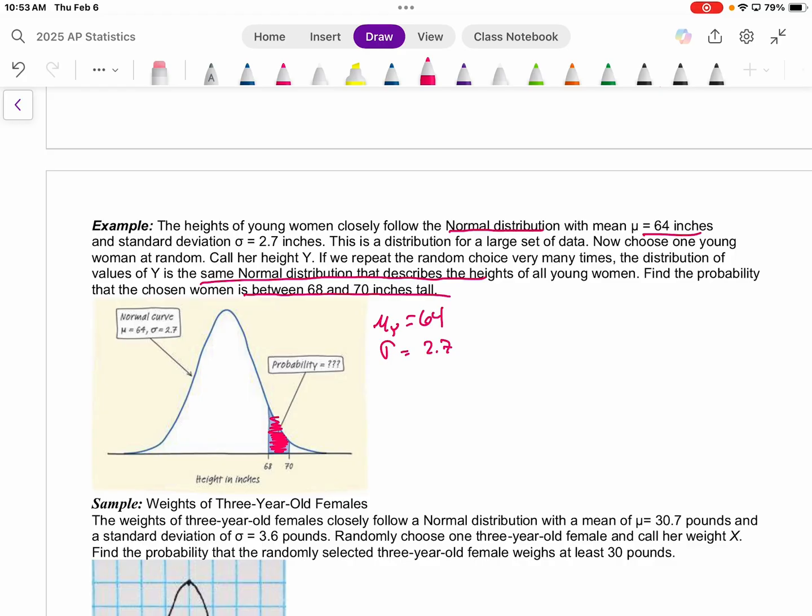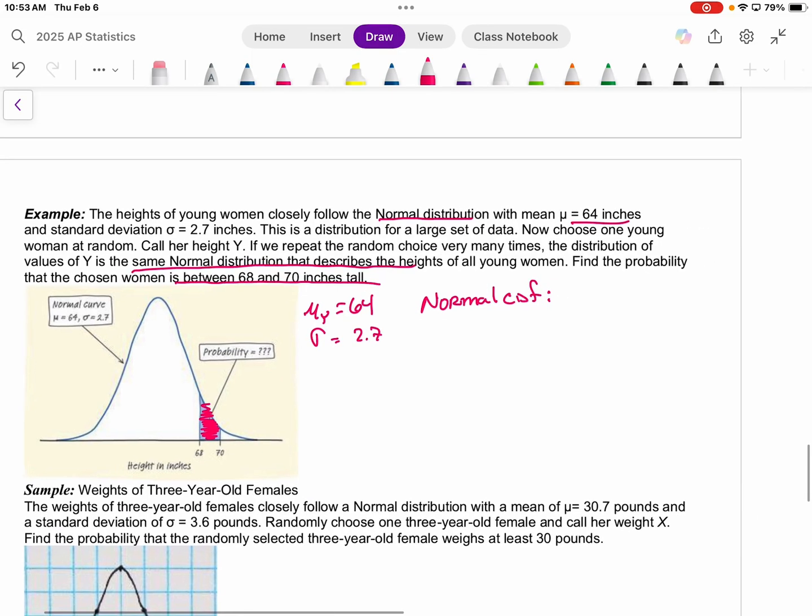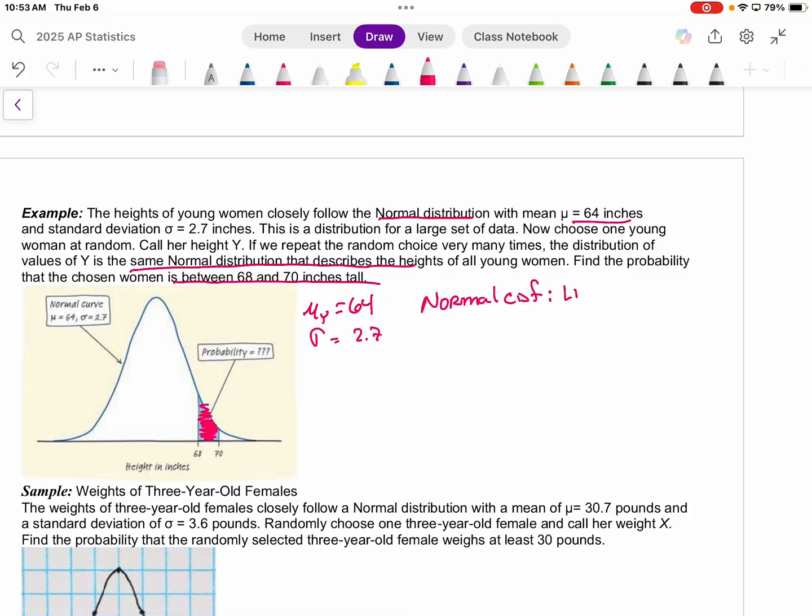What's the probability that it's between those two numbers? So here we go with our normal CDF. We've got our lower bound, that's the 68. Our upper bound is the 70. Our mean is 64, and our standard deviation is 2.7.